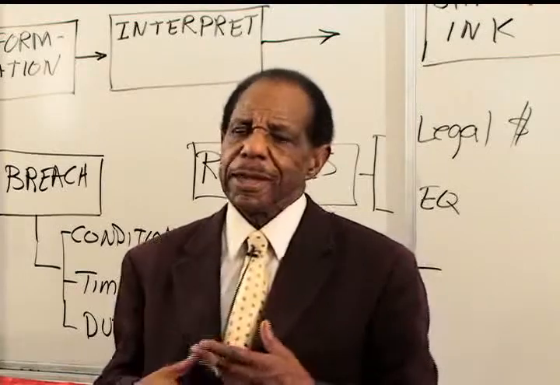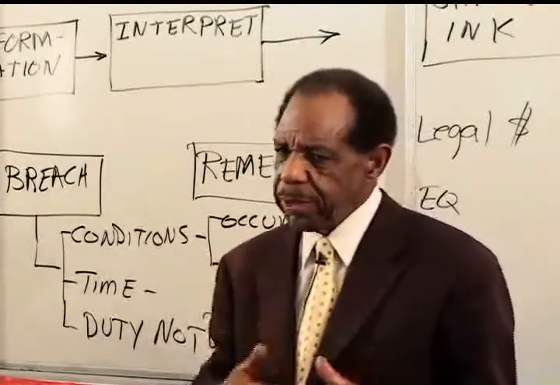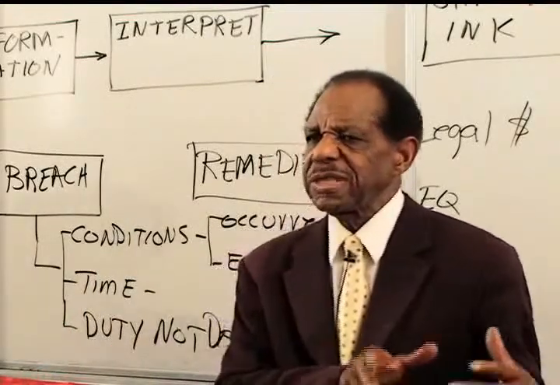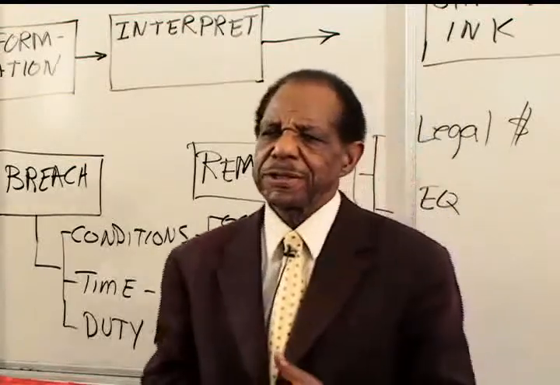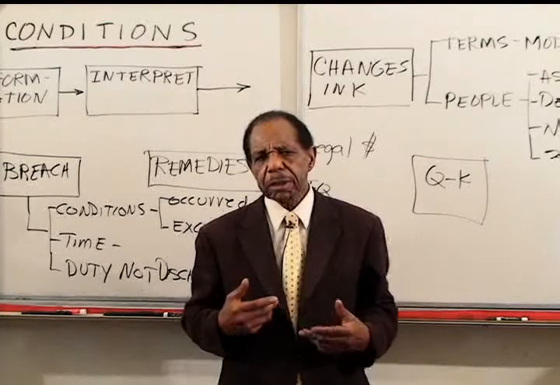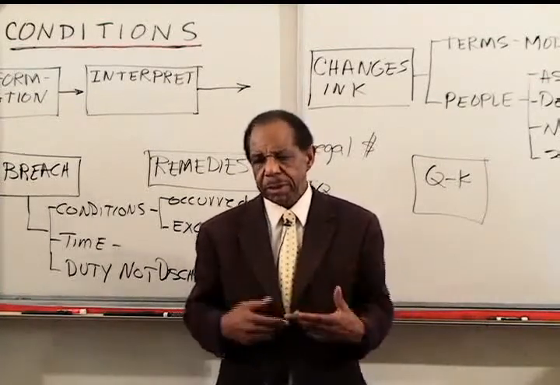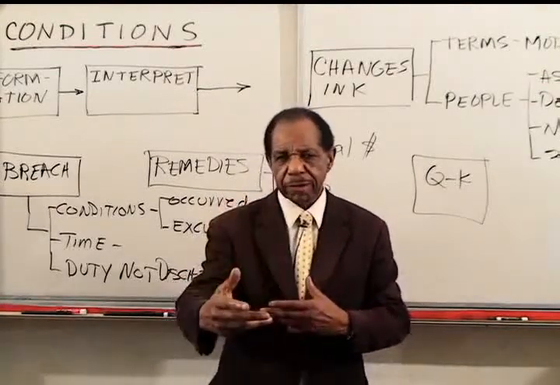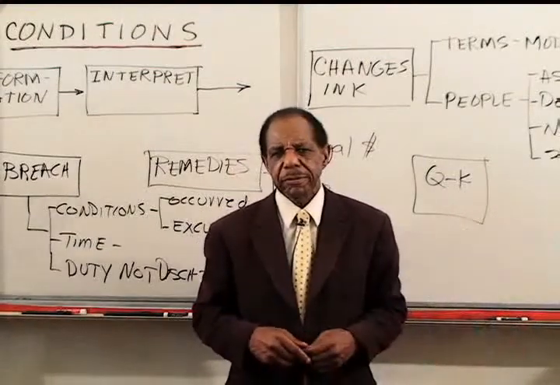And these events that we're talking about that make my duty to perform absolute, those events present a similar kind of problem. For example, we have an agreement, and I will buy your house for $100,000 if George commits suicide.